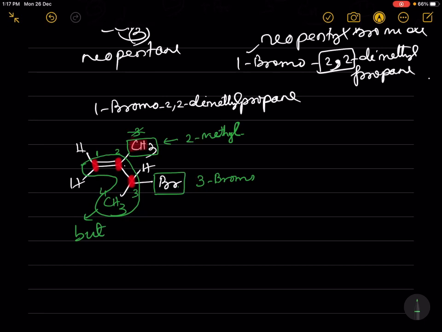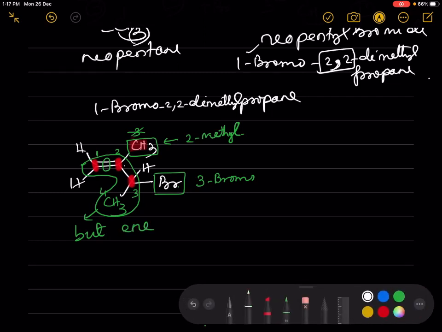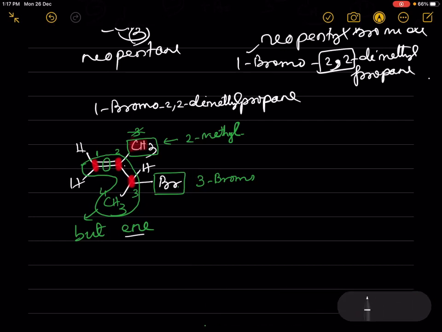As there is a double bond, the primary suffix will be ene, and ene means a carbon-carbon double bond is there. That is 1-ene, but-1-ene.